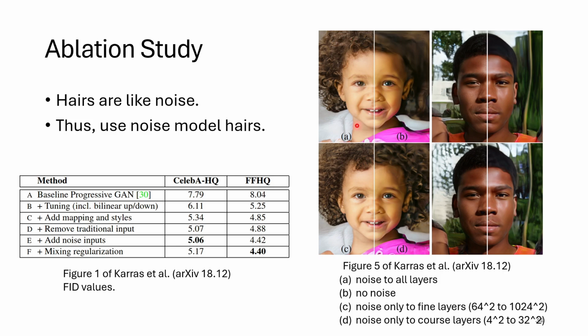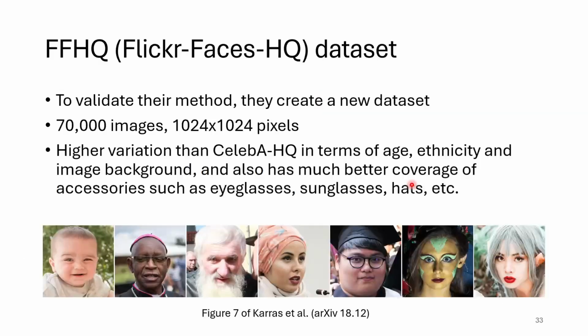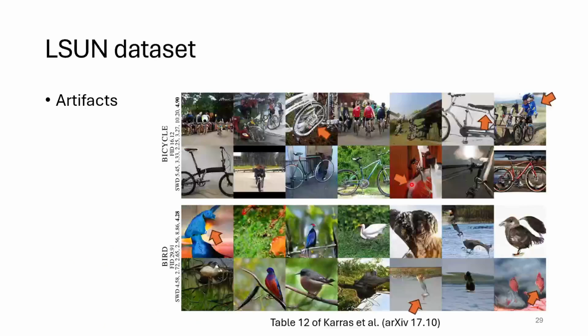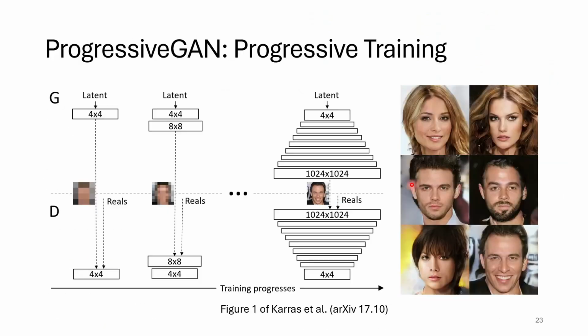So this is a comparison. If they use no noise and generate the image, you can see the hair is too smooth, the same as the background. If they only use noise in the fine layers, so what is a fine layer? Let's take a look at the progressive GAN structure.